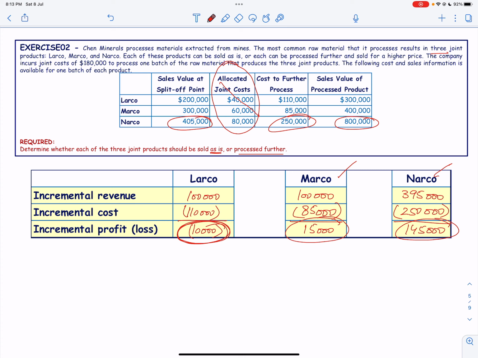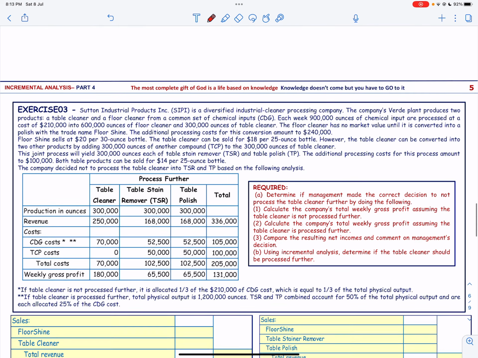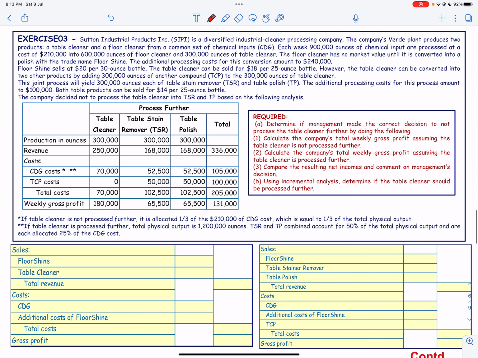Next, let us explain how to use incremental analysis concerning elimination of division. Now, Sutton Industrial Products is a diversified industrial cleaner processing company.